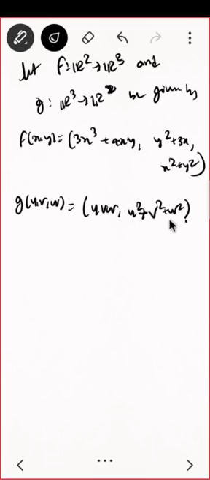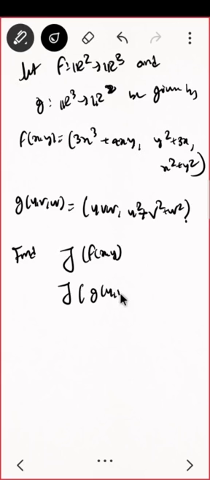Okay, find the following. Find Jacobian of f of (x,y). This is the first thing you find. Find Jacobian of g of (u,v,w). Correct? And if h equal to f composite g, then also find these two.